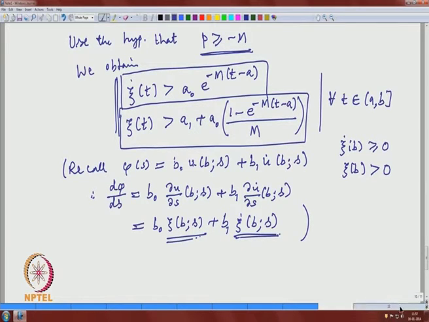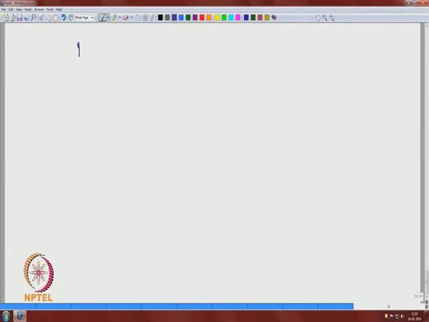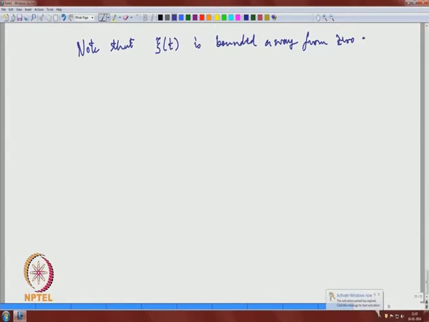So, note that j of t is bounded away from 0 for all t in [a, b].